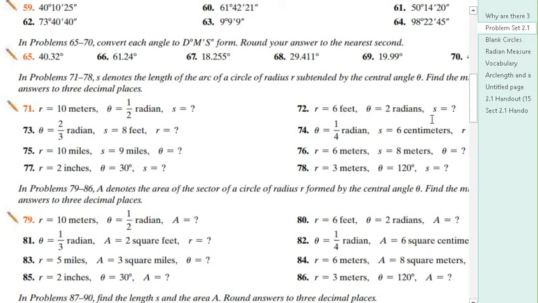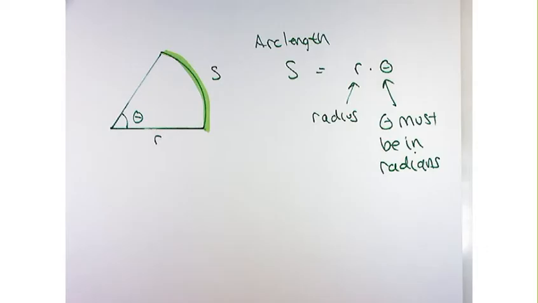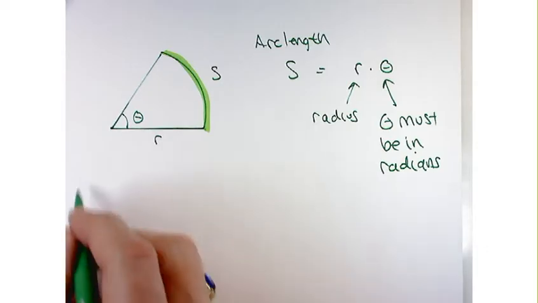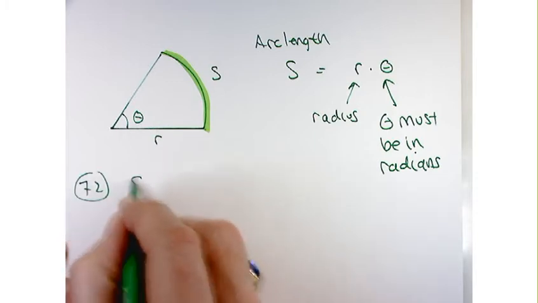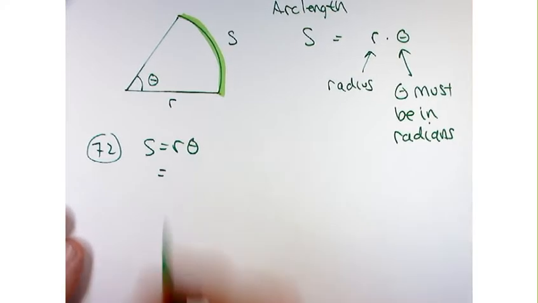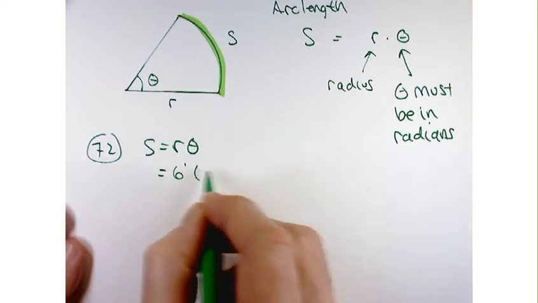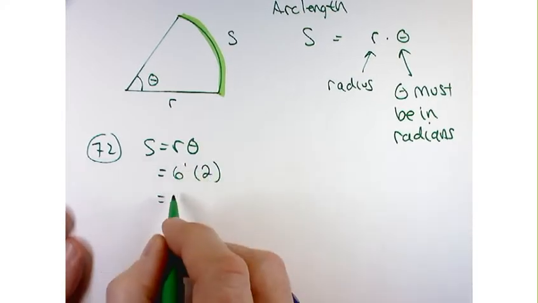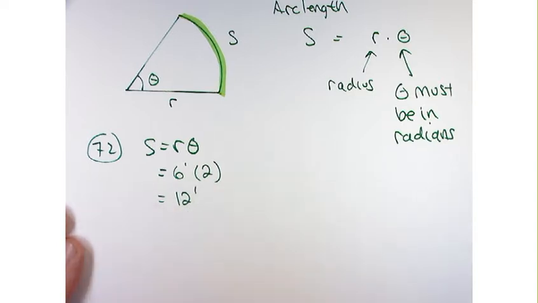No. Don't put one in there. This is supposed to be an easy problem. It is. So for problem 72, S equals R times theta. The radius was 6 in terms of feet. Theta was 2. So the arc length is 12 feet.